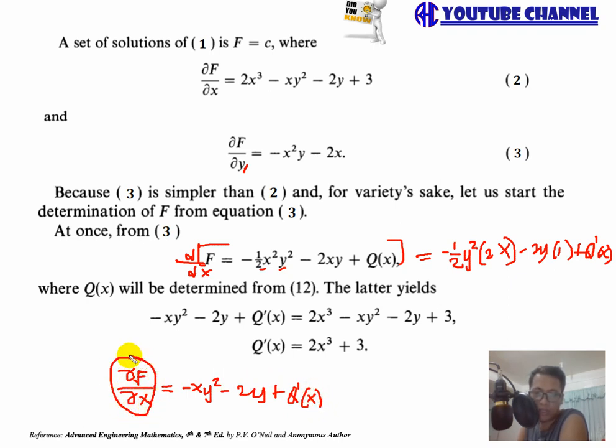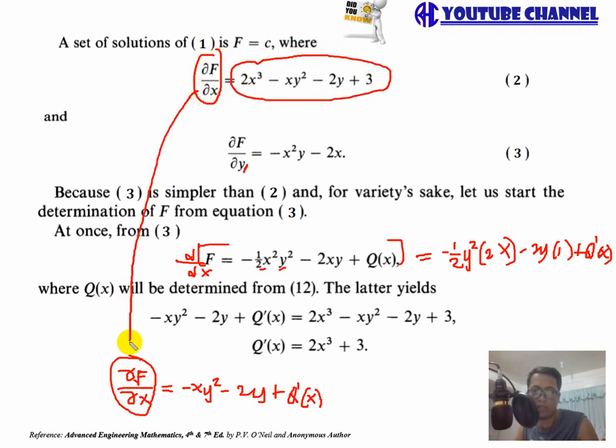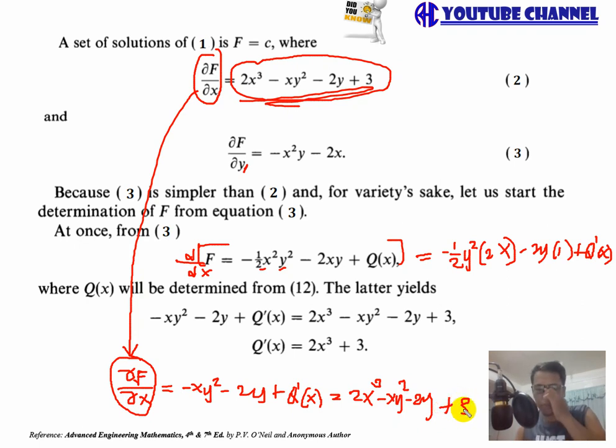Kailangan natin i-substitute itong function na ito. Kung makikita ninyo, ito yung equivalent. Same yan, therefore ito yung substitute natin dun sa kabila. So equate natin yan, magiging 2x cubed minus xy squared minus 2y plus 3.